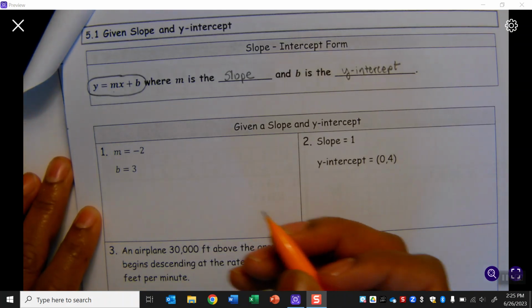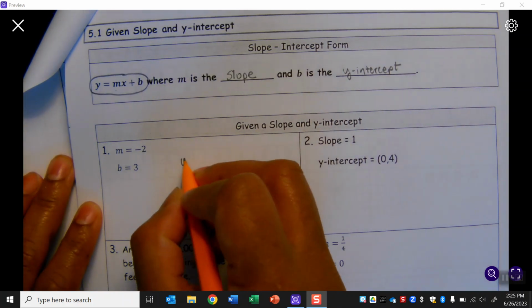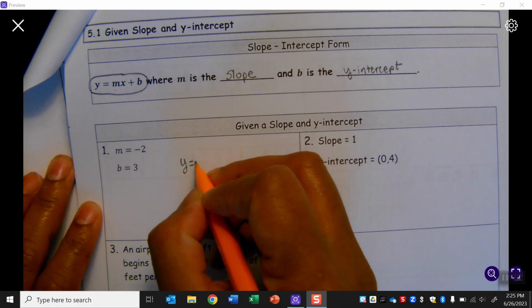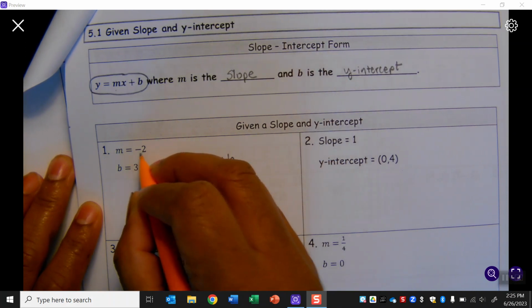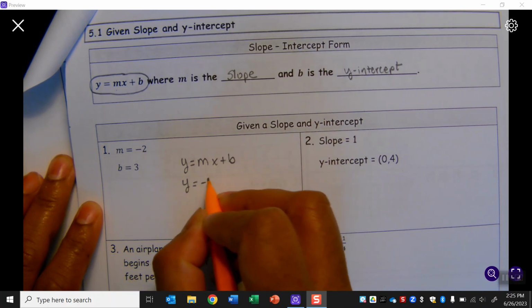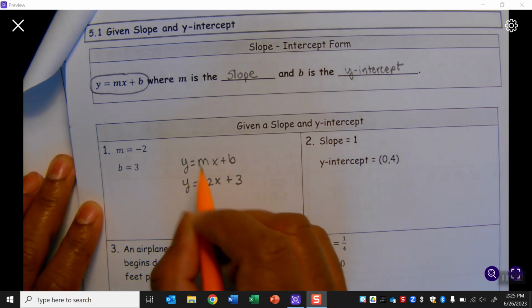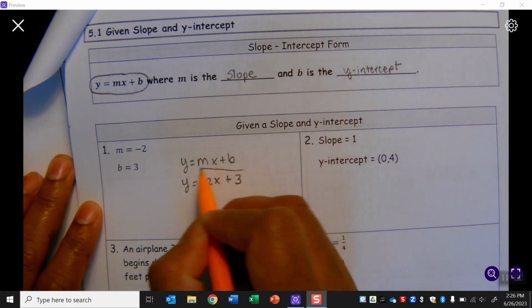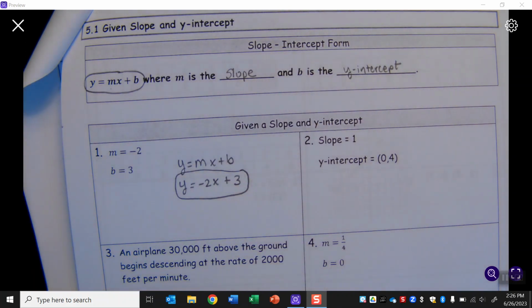So whenever we want to write it in slope-intercept form, we're going to start by just writing y equals mx plus b. They tell us that m is equal to -2, so you're going to put y equals -2x plus 3. Just fill them in. That's it. Now you were able to write it in slope-intercept form.